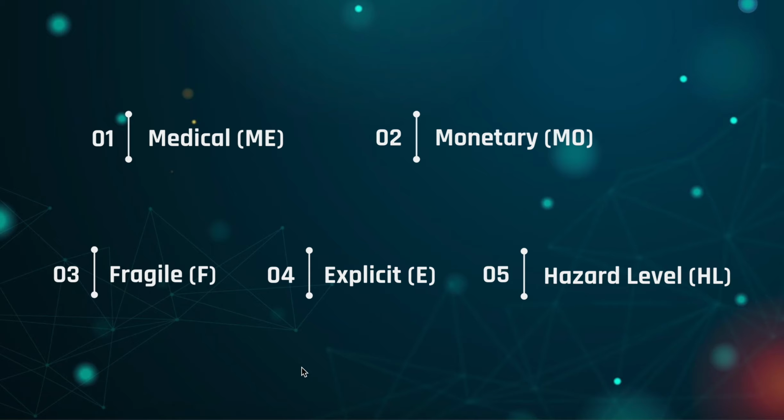The third type of object is fragile objects that need to be taken care of. The fourth type of object is objects that have explicit content. For each of these objects, there is an associated hazard level. The hazard level determines whether or not a particular object is hazardous to a user or not.